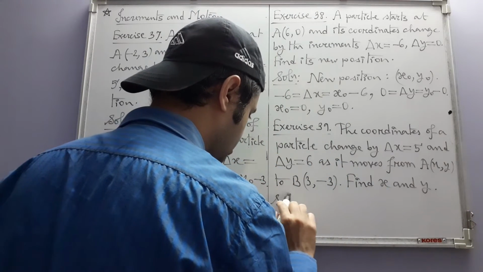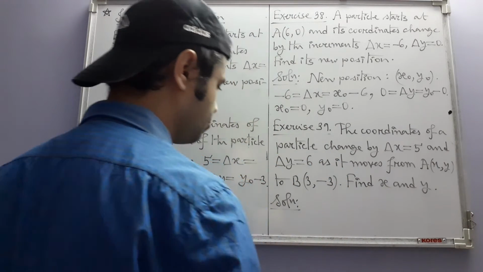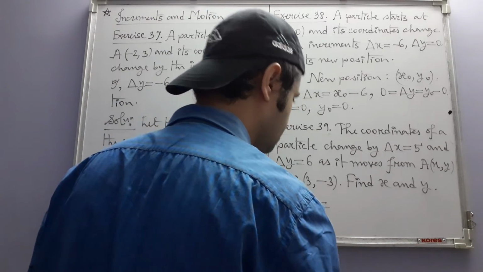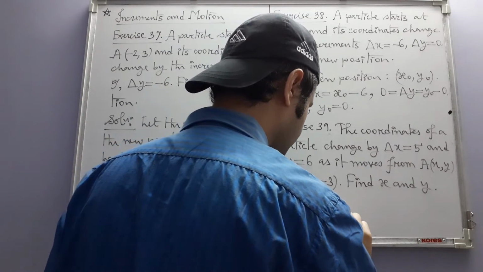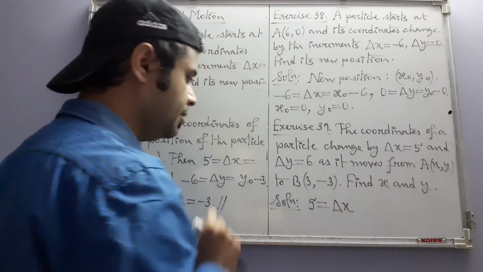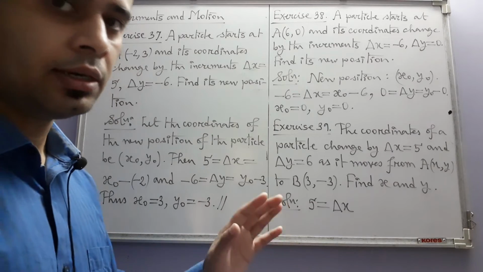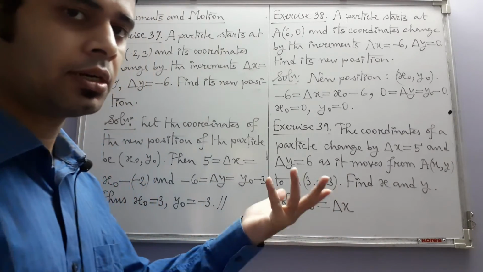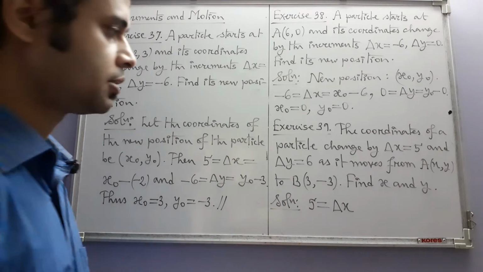So we just do the calculation to find x and y. Delta x is 5. So the journey was made from A to B. The starting and ending points matter. Which one is the starting point and which one is the ending point, that matters.